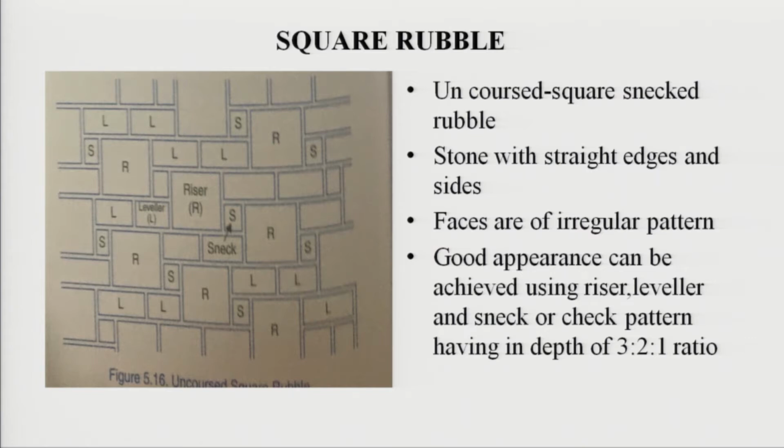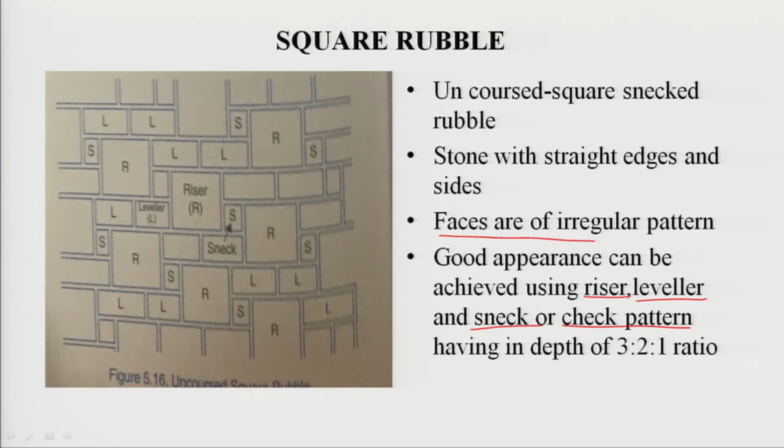Of course, the faces are still in an irregular pattern. For a good appearance, it can be achieved by using risers, levelers and snecks, or a check pattern having a depth ratio of 3:2:1. In this way the face will look slightly better.